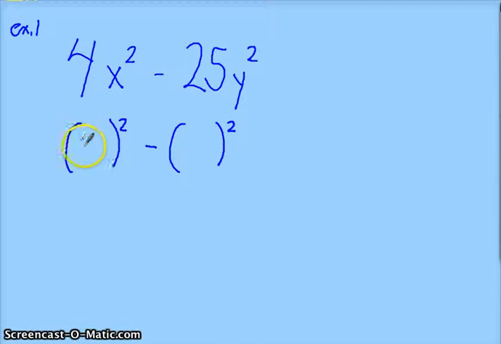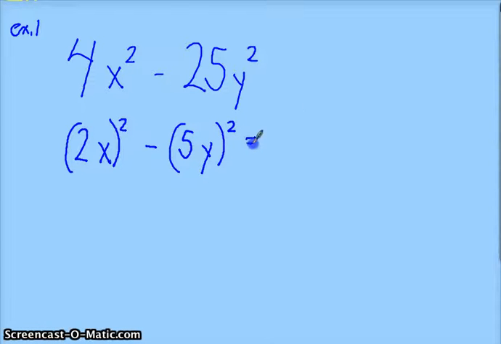Again, what number squared gives me 4? 2. x squared, right? x squared, no problem. Minus, right? What number squared gives me 25? 5. And I have y squared.